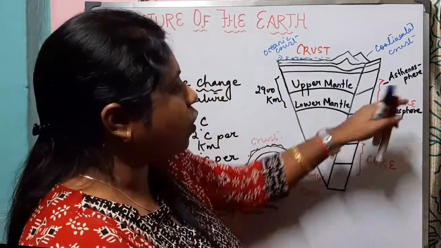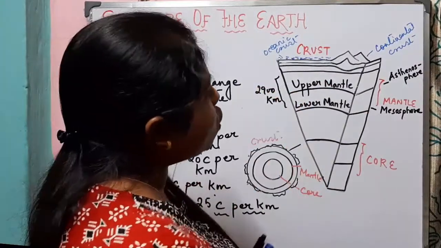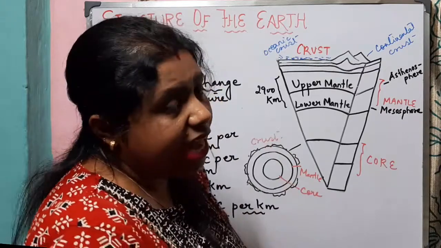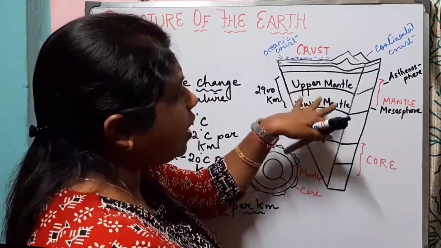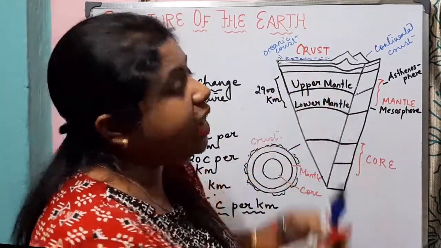The upper mantle or the asthenosphere is the weak layer, in a semi-molten state. Mostly, the upper mantle is solid. It is hot, it is solid, but it is malleable in the regions of tectonic activity.